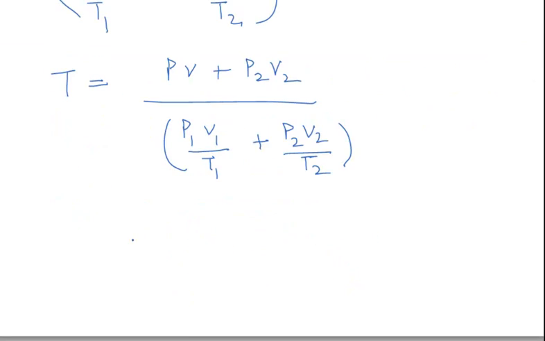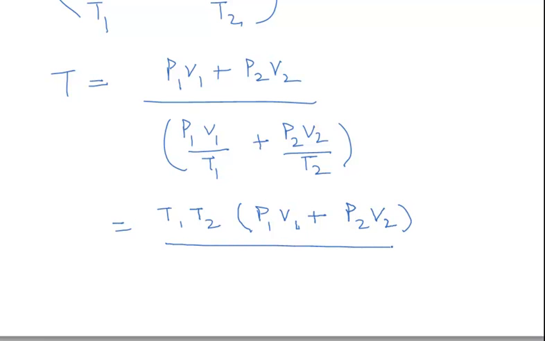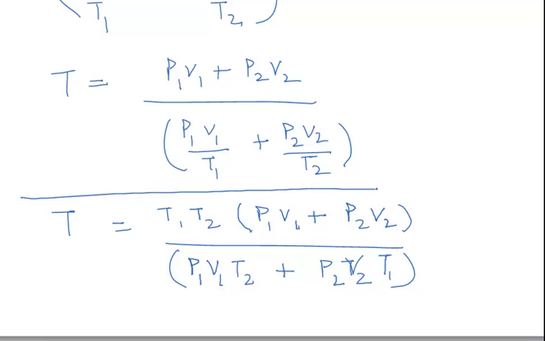Now this can be further written as T1 T2 times (P1 V1 plus P2 V2) upon P1 V1 T2 plus P2 V2 T1. Okay, so this is the final temperature.